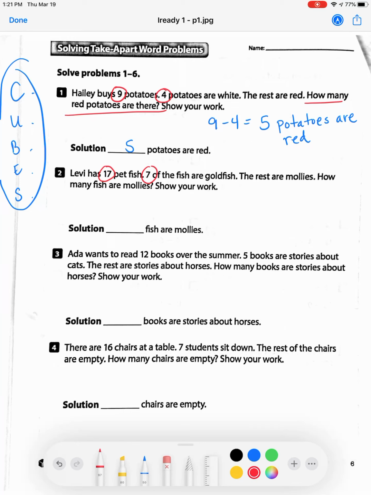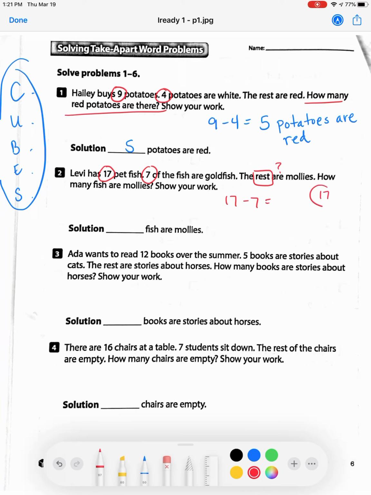Well, if 17 are the fish that he has, 7 of the fish are goldfish. The rest, which we don't know what this is, are mollies. We have to subtract. And think of this as a number bond.